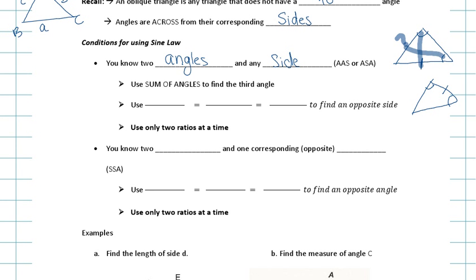So the formula is the following. To find the third side, the opposite side, you have to do A over sine A equal to B over sine B equal to C over sine angle C.